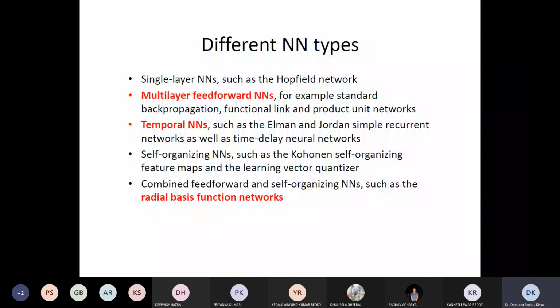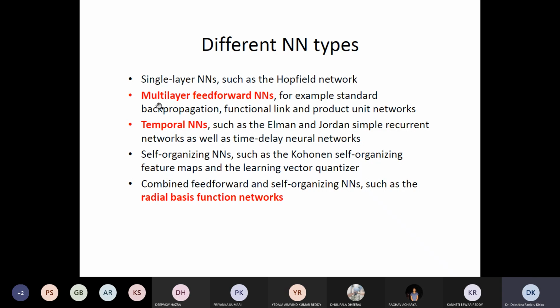First of all, we can start from single layer neural networks. A single layer neural network learns the linear functions, such as the Hopfield neural network. So the Hopfield neural network is built on a single layer neural network.